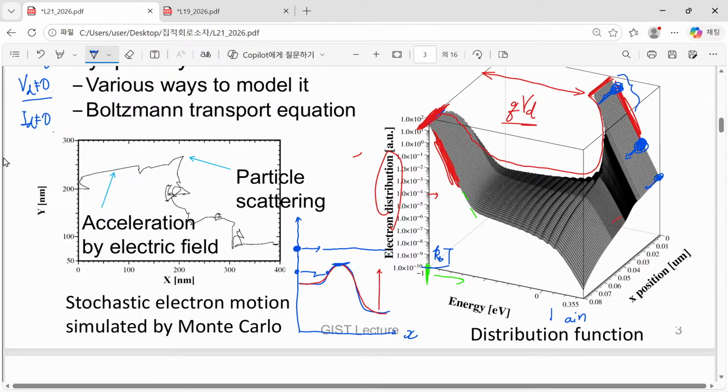If the electron can overcome the barrier perfectly, then we will have just a straight horizontal line along this iso-energy line.